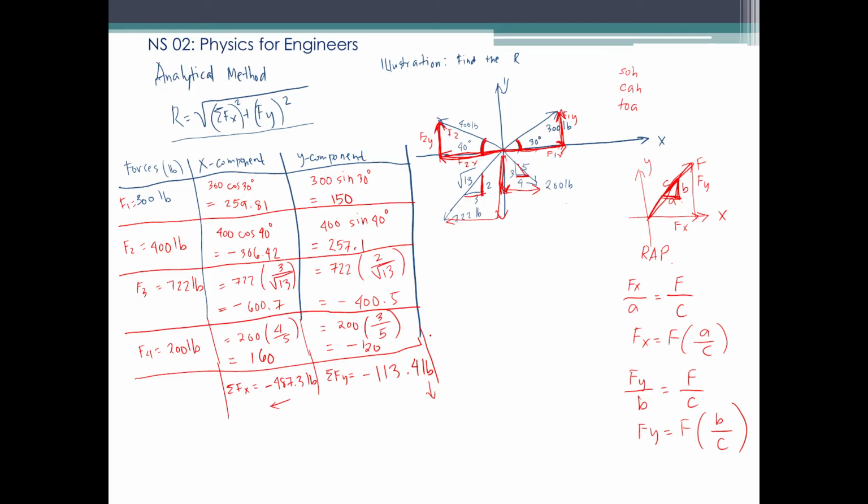So, if we try to get the picture of it, let us try to draw it. So, our x is negative, so it goes this way, and down by negative 113.4. So, this is the direction of the resultant. This is the resultant.